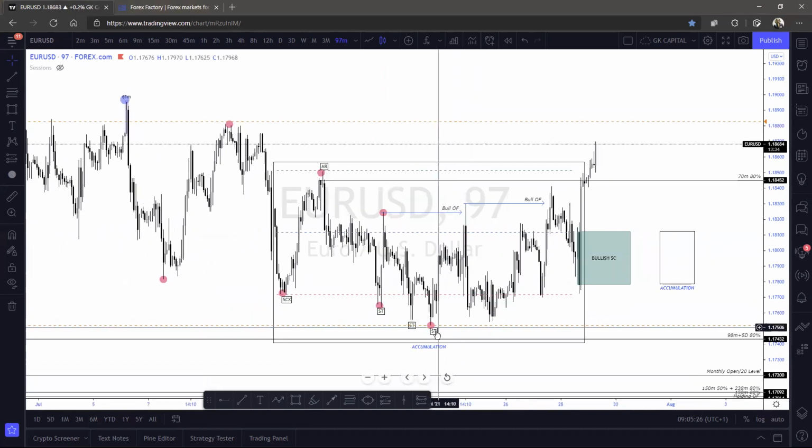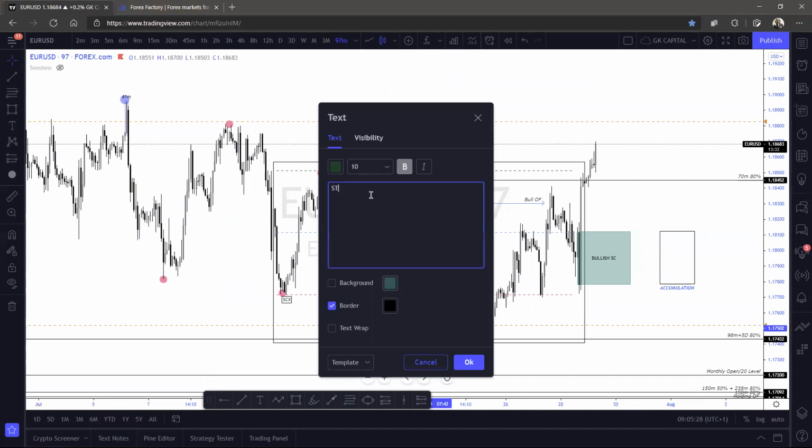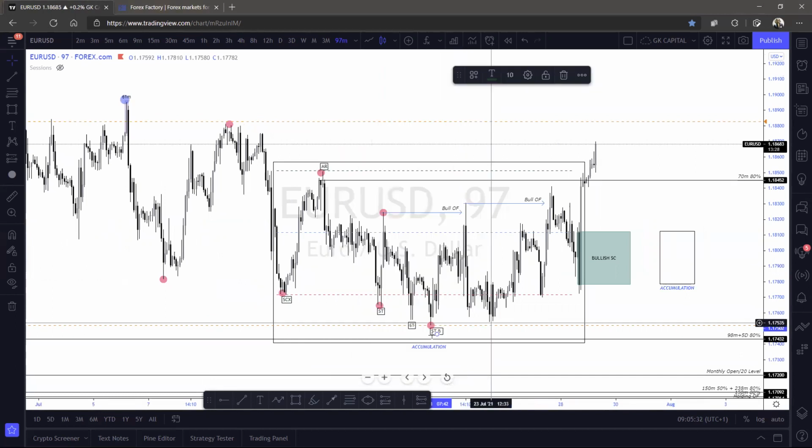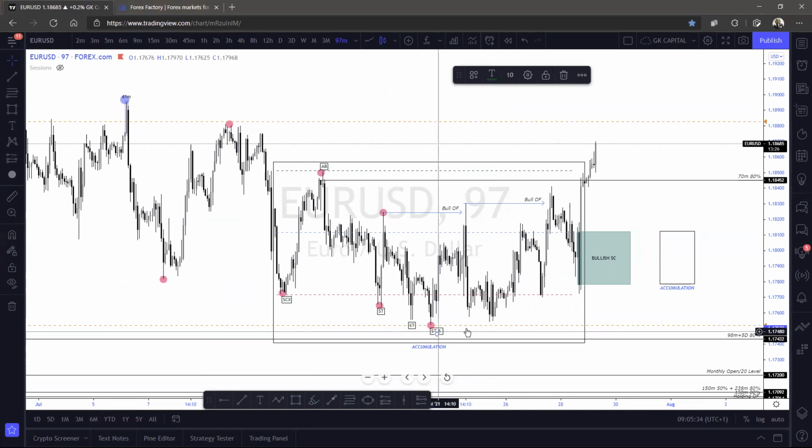Because now we have come outside of that trading range, it's going to be STB. This would be our test.